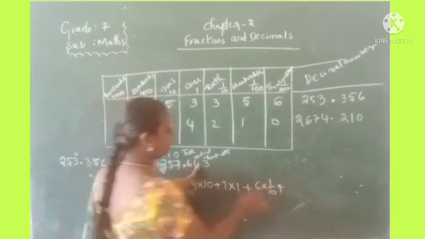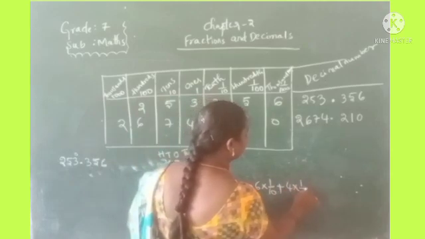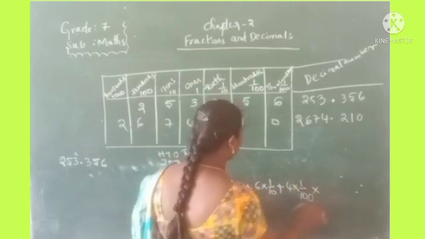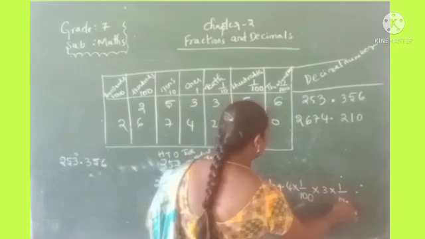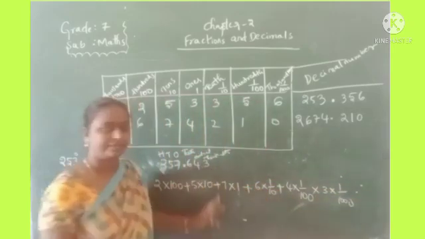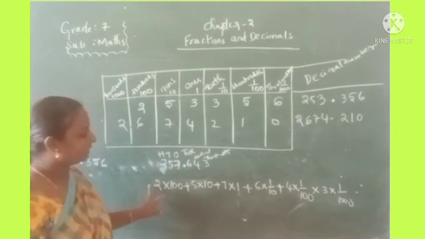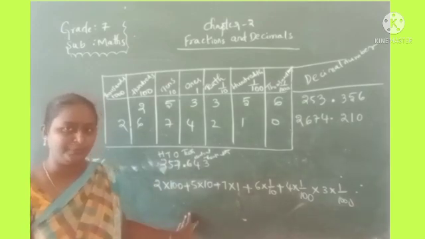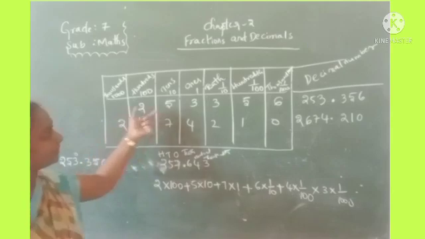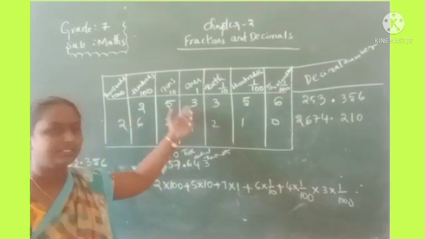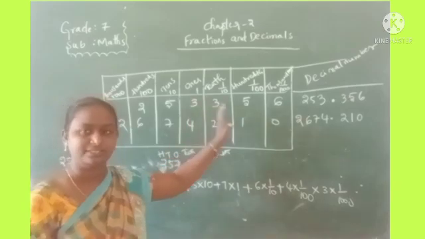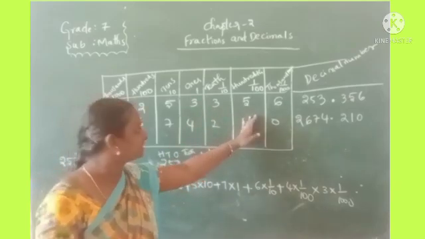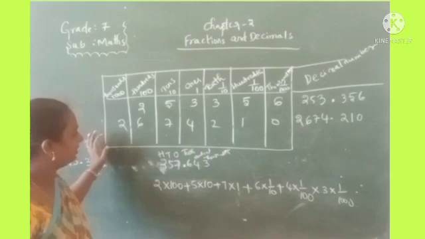After that, 4's place value is hundredth, 4 into 1 by 100. The place value of 3 is thousandth, so that is 3 into 1 by 1000. This is the expansion form. So this place value chart you have to remember. On the right side of the decimal point, the place values are tenth, hundredth, thousandth.